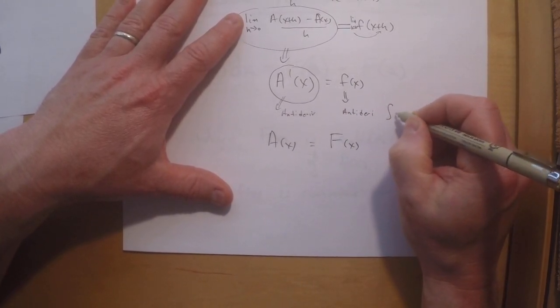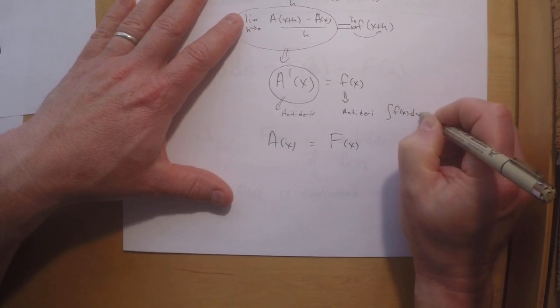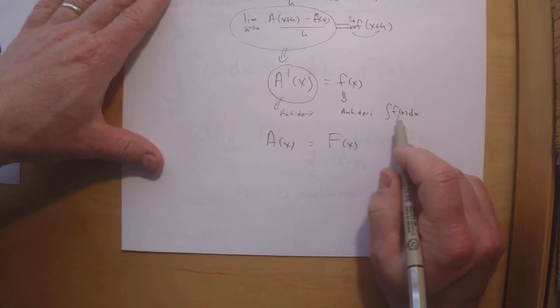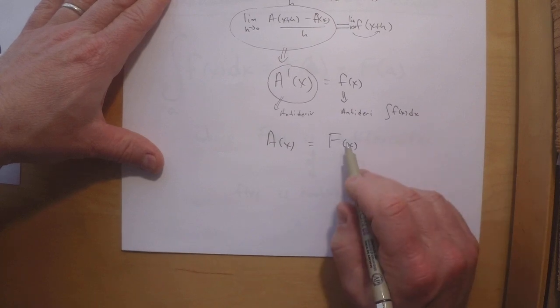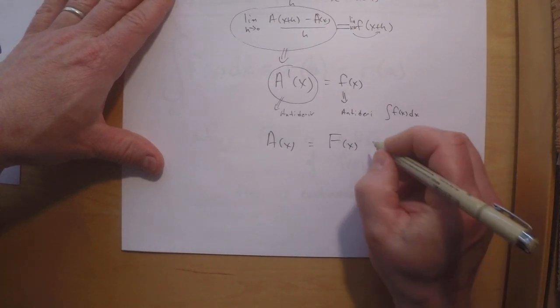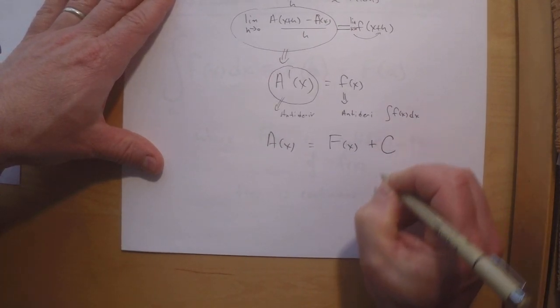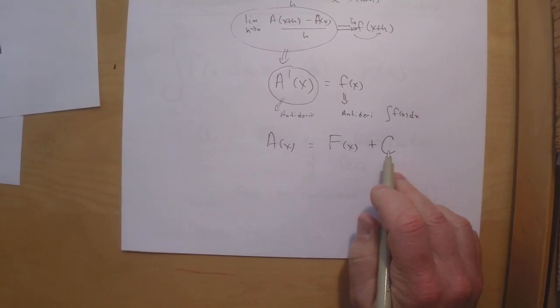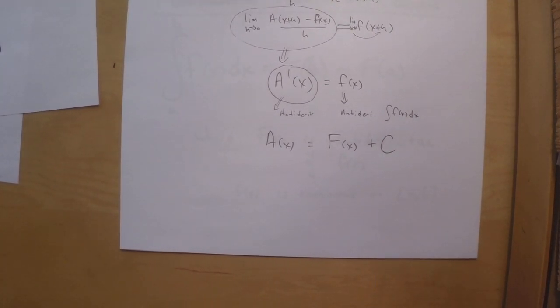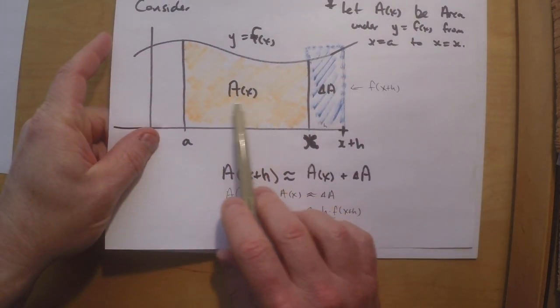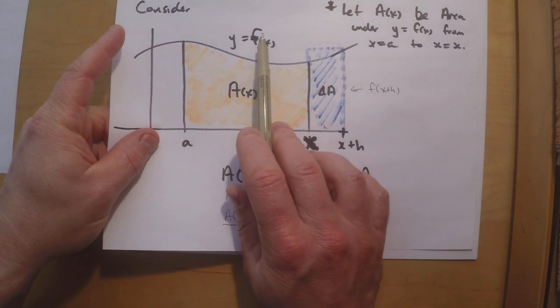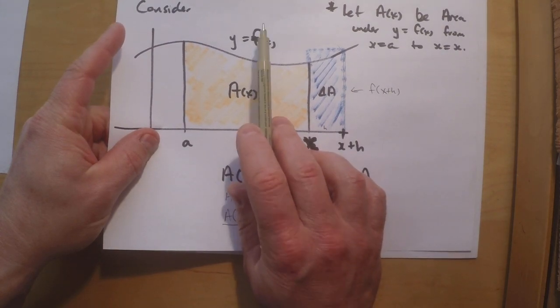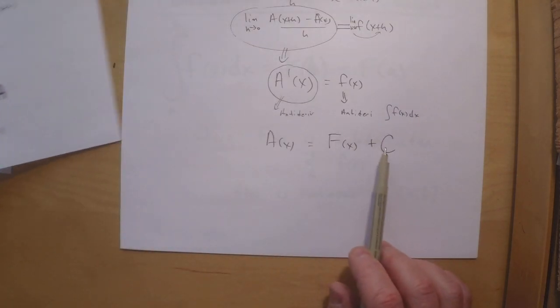But remember, I have to put a plus C because there's always this constant to deal with. So we've just shown that the area function here is the antiderivative of this function we're dealing with, which is really cool, plus some constant.